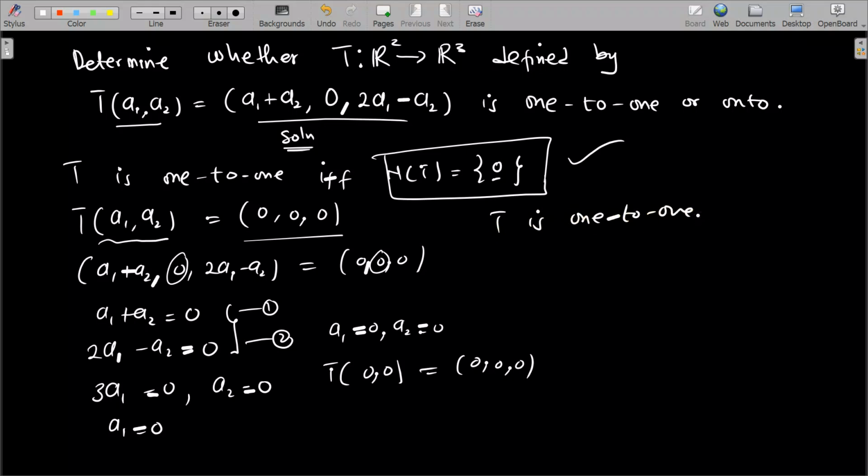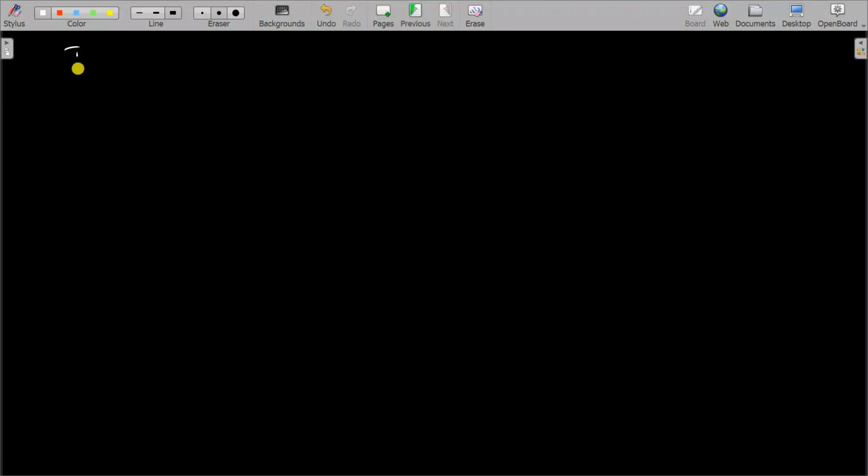On the other hand, you could also use the definition of one-to-one, that T is one-to-one if and only if T of x, a vector x, is equal to T of y implies that x is equal to y.